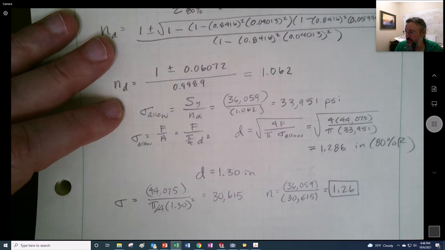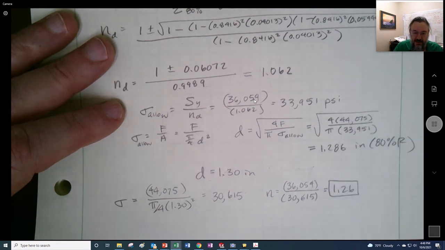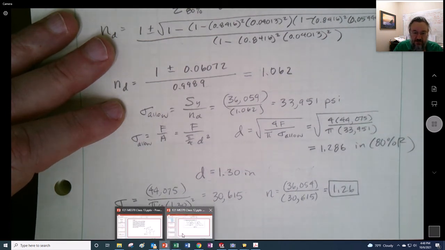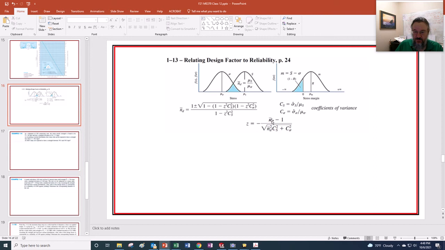Let me double check that I'm doing this correctly. Okay, so this is my safety factor. I want to plug that back into this equation right there. I can get a Z if I put that factor of safety back into this.